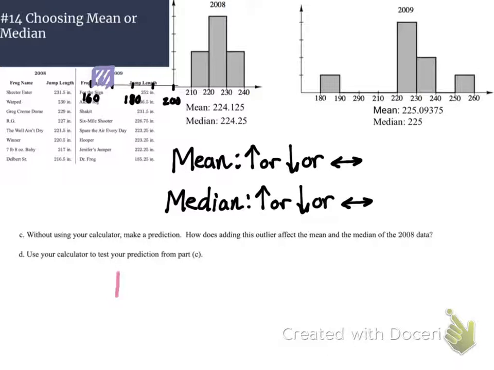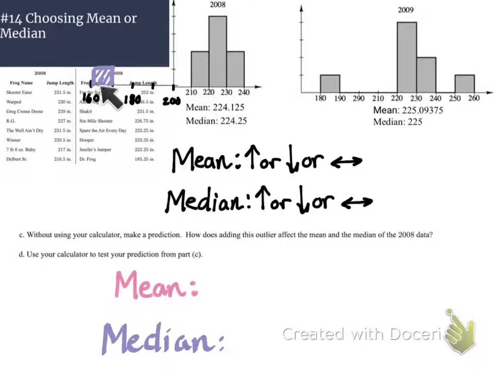So it says use your calculator to test your prediction from part C. Okay, so we're trying to find the mean and the median for 2008 with this new data point of 160. So if you're looking at the screen, you are going to be watching this part up here. We're going to add in our new data point of 160. And now we have to find our mean.